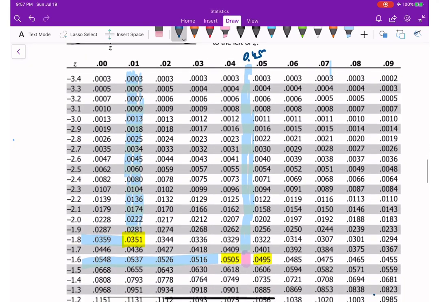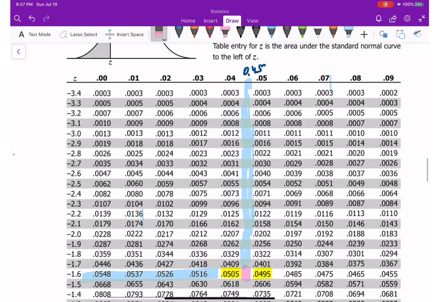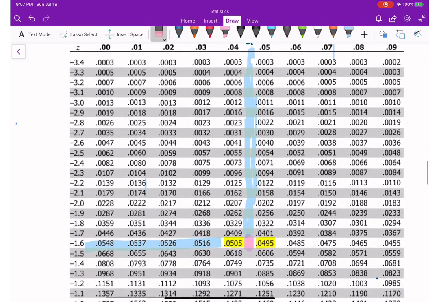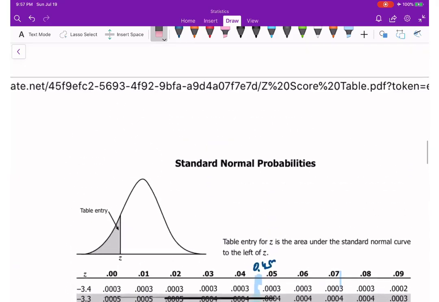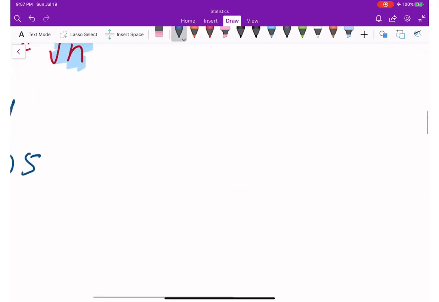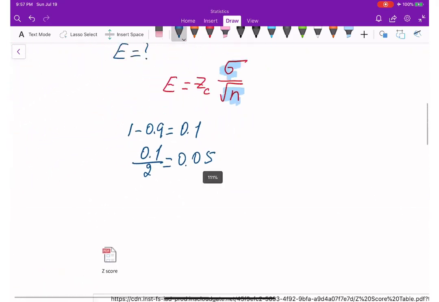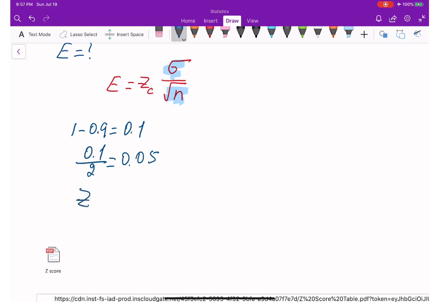So -1.6, 645. Let me clean this so nobody gets confused.